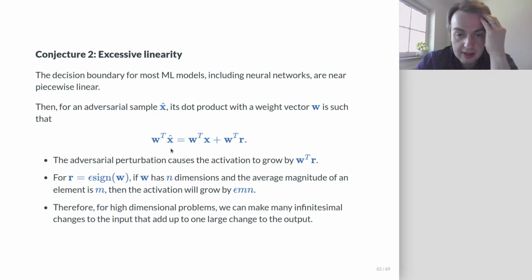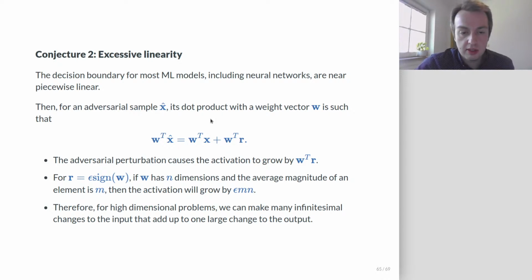And so when x hat is an adversarial sample, this quantity decomposes as the sum of the outcome for the uncompromised original input, w transpose times x, plus the contribution of the perturbation r. Right? And so effectively, it's quite obvious that this adversarial perturbation will cause the activation to grow by this amount, w transpose times the perturbation.